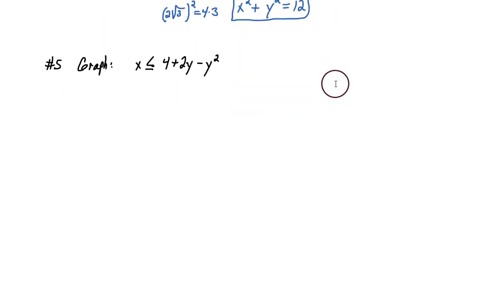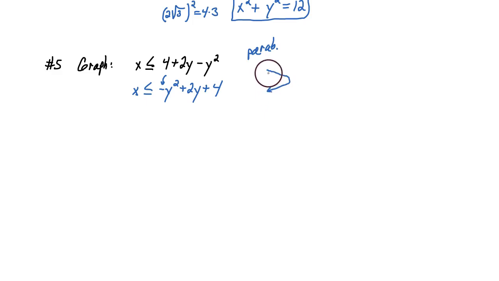Next one, we want to graph this. It's got x as a linear and y is squared. So this makes a parabola. Let's rearrange the right side so the terms are in the correct order. Negative y squared, then the plus 2y, then the plus 4. We know some things about the parabola. Because the letter x is alone, and it has a negative leading coefficient on y squared, the parabola is opening sideways like this.